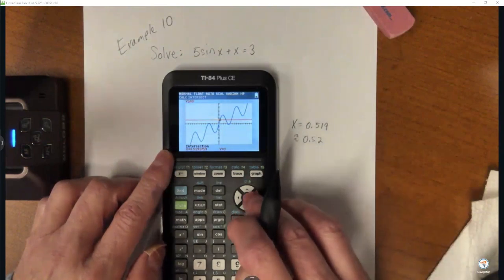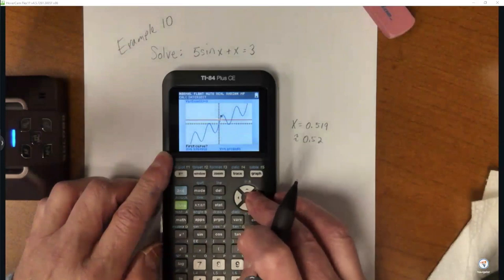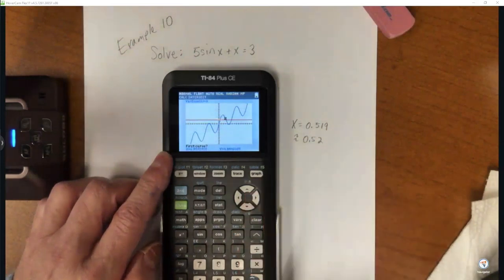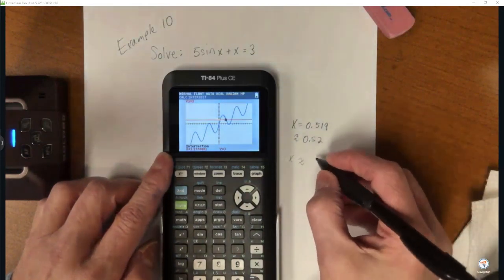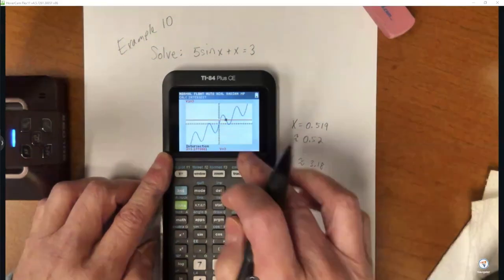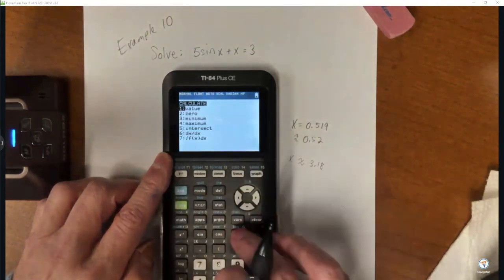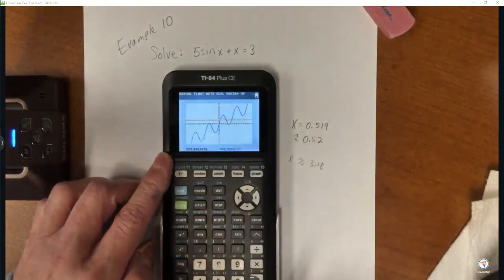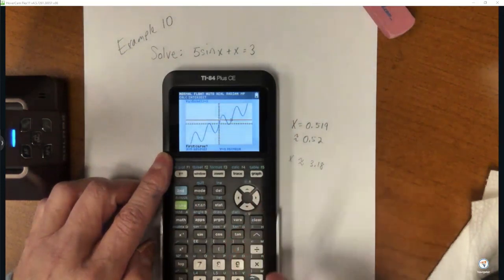Now I can go get the other one, do another calc intersection and get close to the next one. All right, this particular one, we have x roughly equal to 3.18. Last one. Oops. Got to reselect the command, intersect. Get over there by that last one we haven't calculated yet.